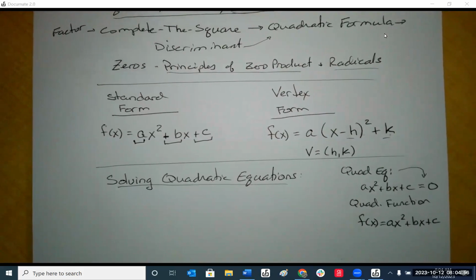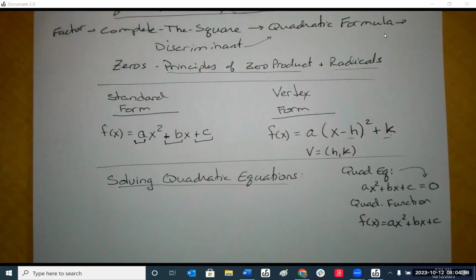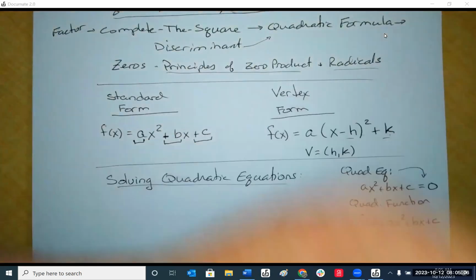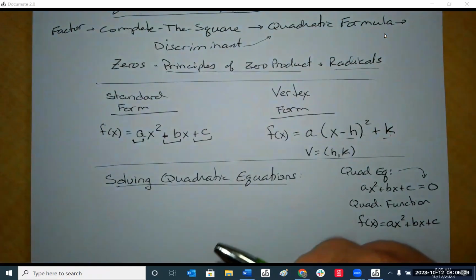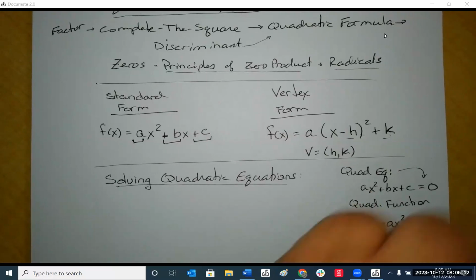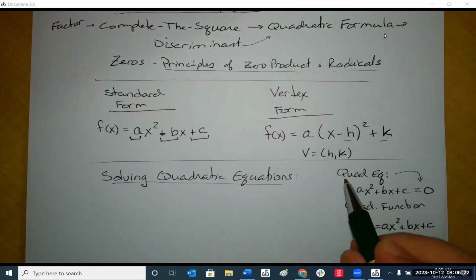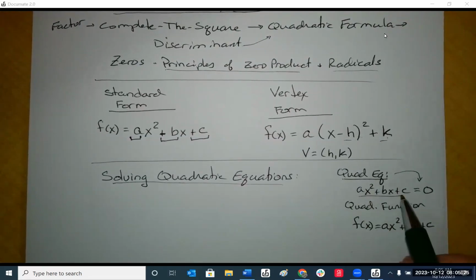So whenever you hear quadratic equation, you know, everything on one side set equal to 0. A quadratic function is simply the function notation equals the equation part.